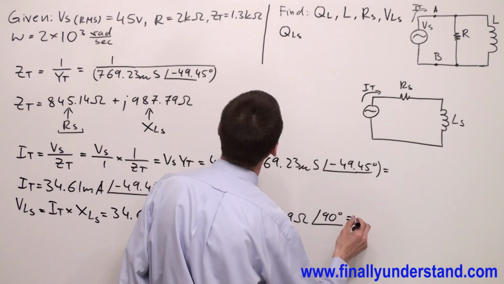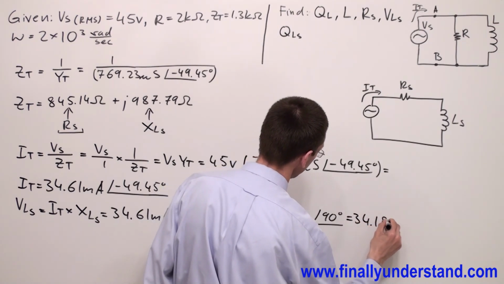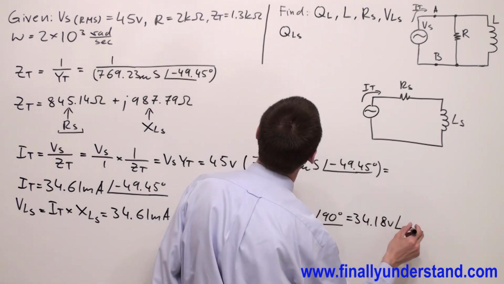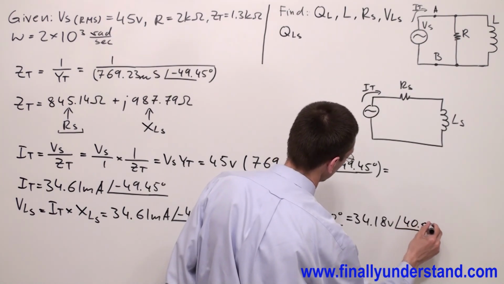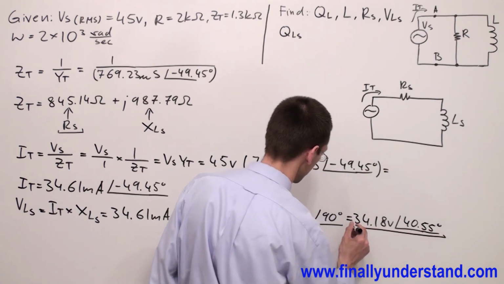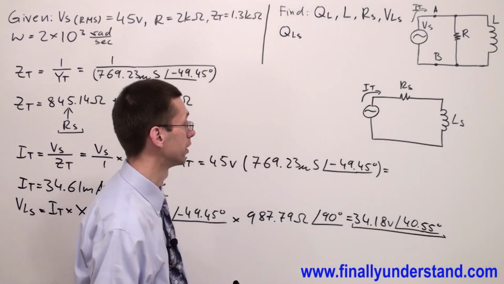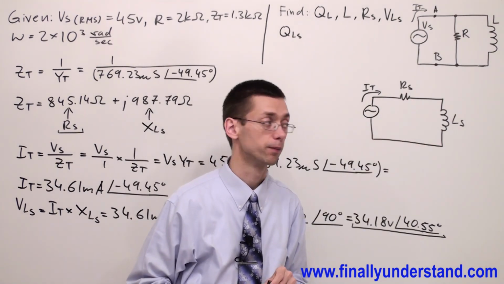This is equal to 34.18 volts and angle of 40.55 degrees. Okay, so this is the voltage across the inductor in my series equivalent circuit.